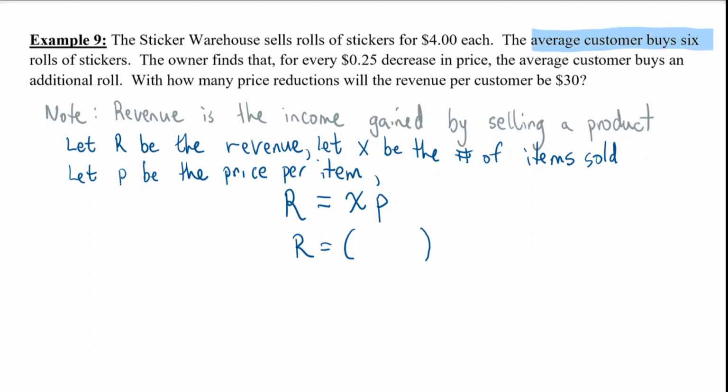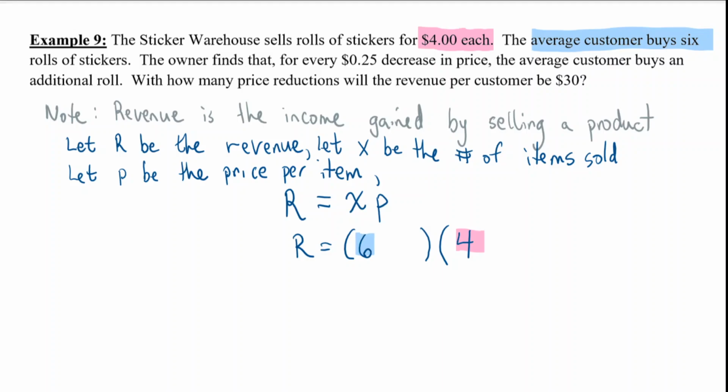So that is going to be my original number of items I sell. And then my original price per item is $4 each. So there's that and that. Let me just highlight these on here. So we've got the 4 and we've got the 6 here.